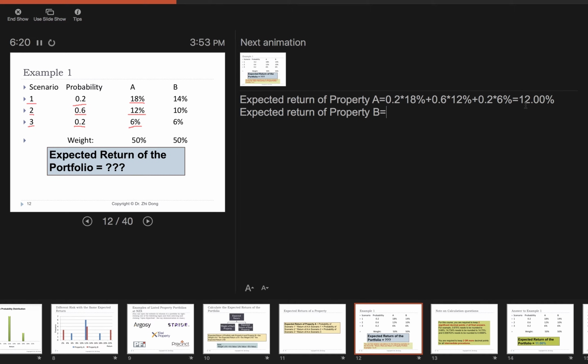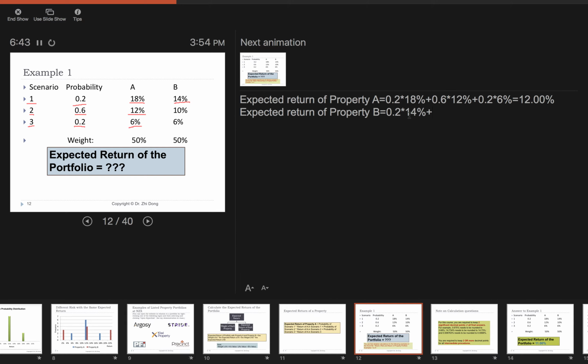Still, the first market scenario probability is 0.2 times, now we are looking for the return for property B, 14% under scenario 1.